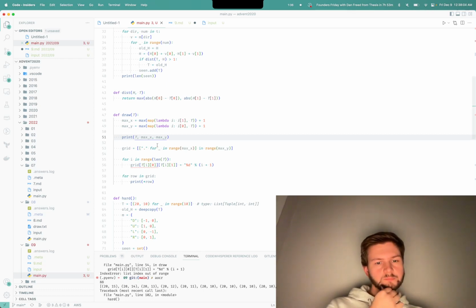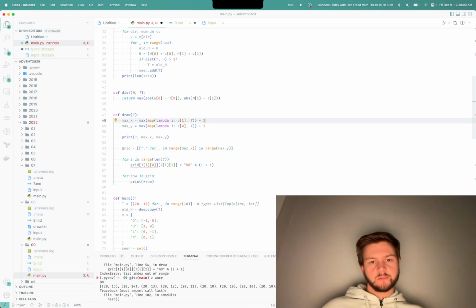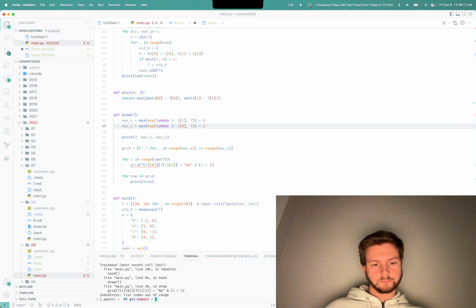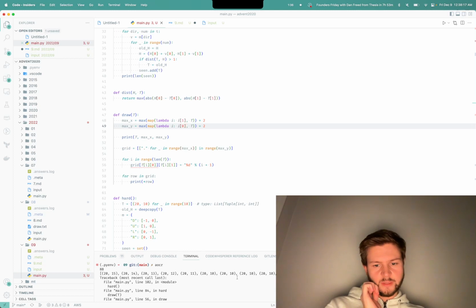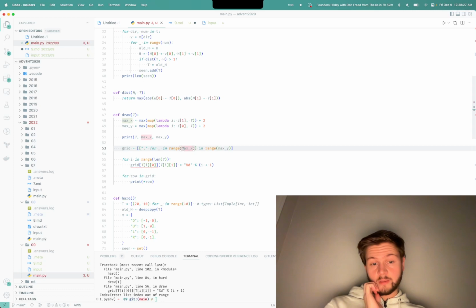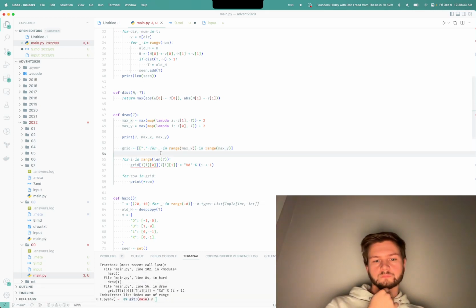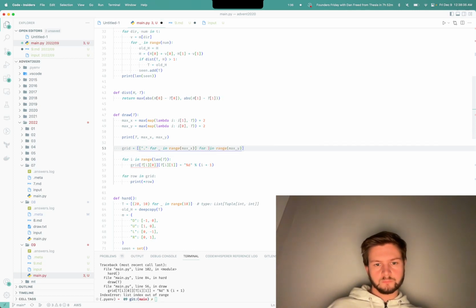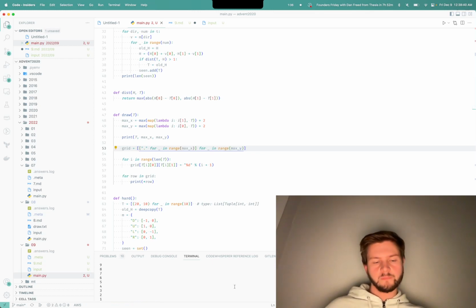This is looking good. X out of range. Good. Every single element here. There's a lot of list index. Okay.